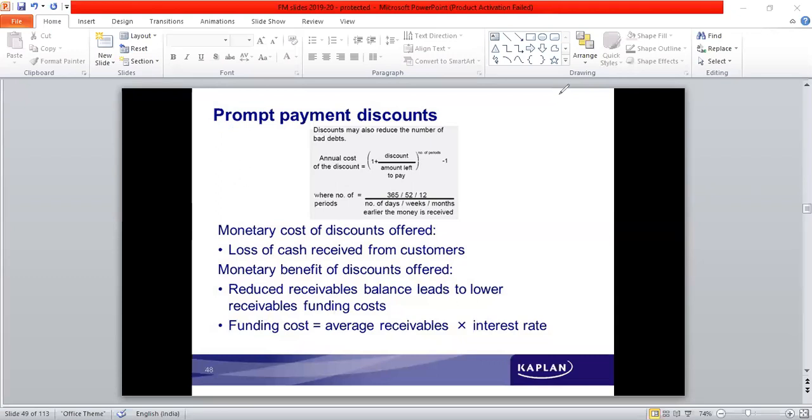Therefore, along with this strategy of increasing sales, a second strategy is adopted, that is, offering a discount to the customers. Let's say the credit transaction looks like this. Let's say there is a sale made for $5,000.